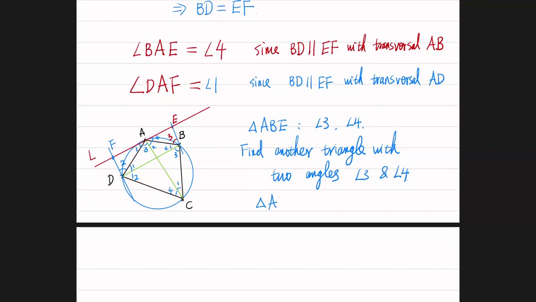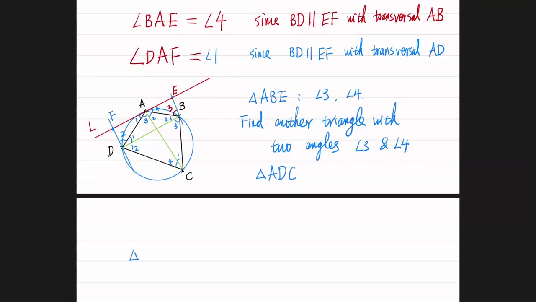Okay, let's match which vertex matches which. We want to match angle 3 with angle 3, and angle 4 with angle 4.